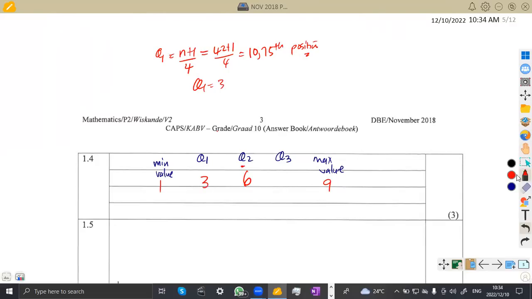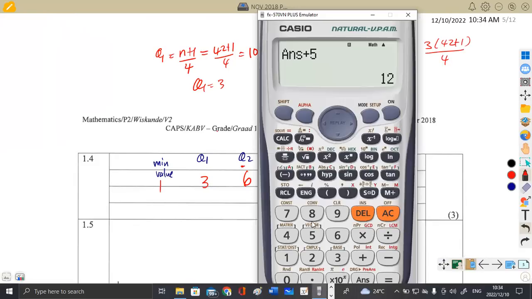Then we move on to Q3, just like what we did on Q1, but instead of n plus 1 over 4, we now have 3 times n plus 1 over 4.